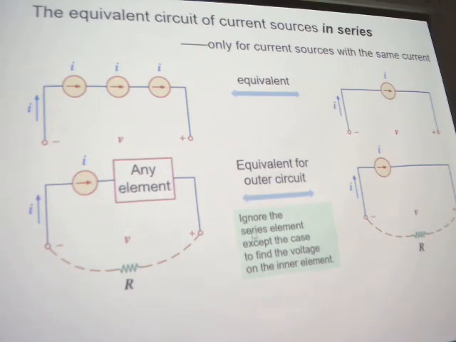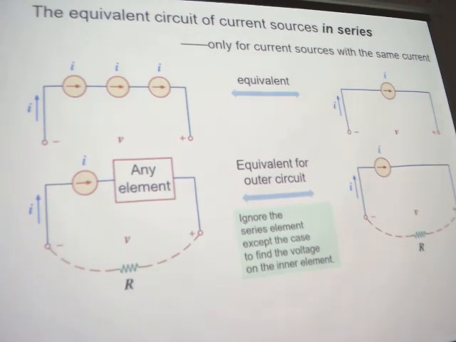So here, please notice here, I say except the case to find the voltage on the inner element. What does this mean? That means if we want to find out the voltage on this element, we cannot do it.